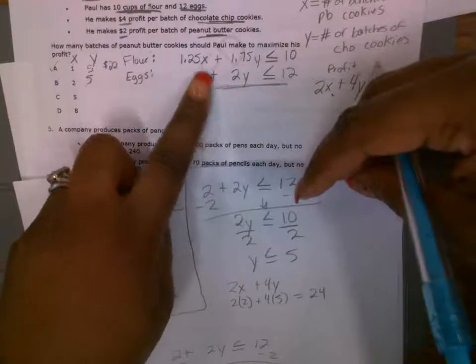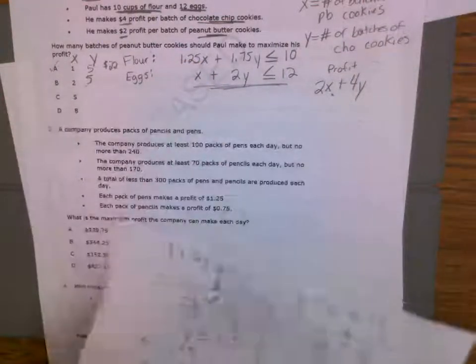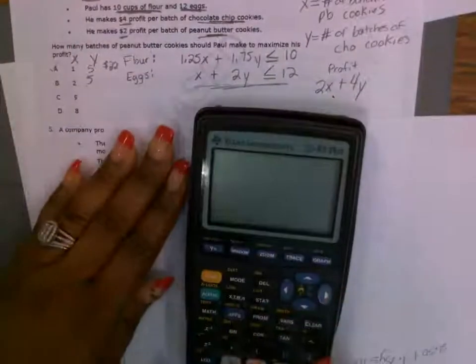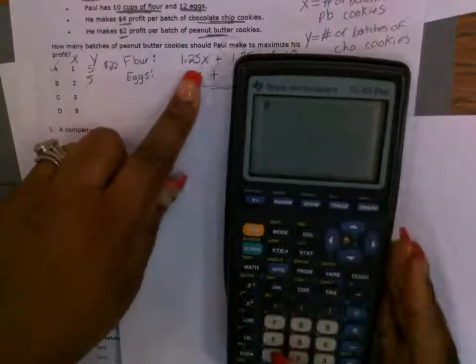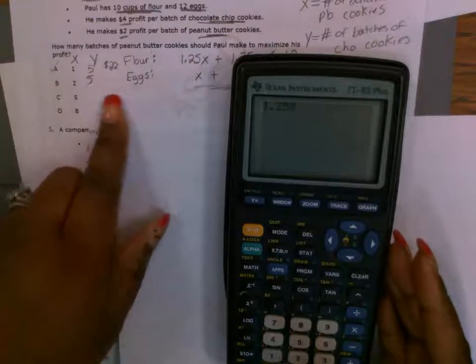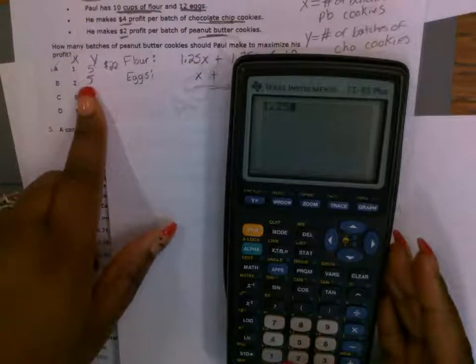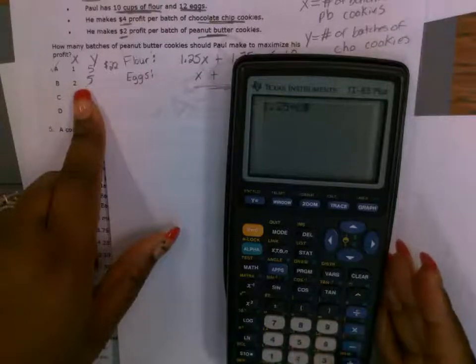I have enough eggs, but I also need to see if I have enough flour as well. So let me check that one. I'm going to use the calculator because that'll go a little bit faster. We have 1.25, times the 2, because it's 2.